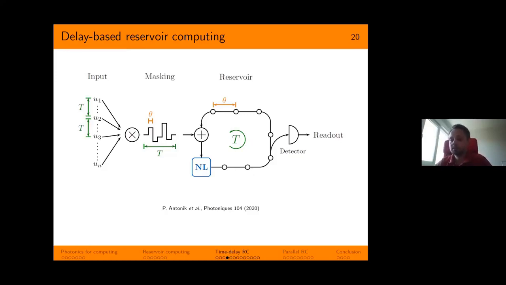The first one is to slightly desynchronize the time during which the input is held constant and the round-trip time here, big T. So for instance, if we have 50 nodes in the system, we apply an input mask of 50 values, so periodic by 50, but we divide the loop here in 51 segments, or 52, or 53, depending on the length of the desynchronization.